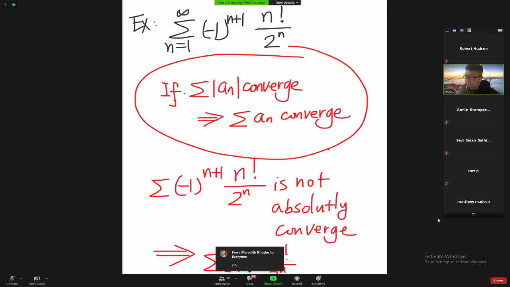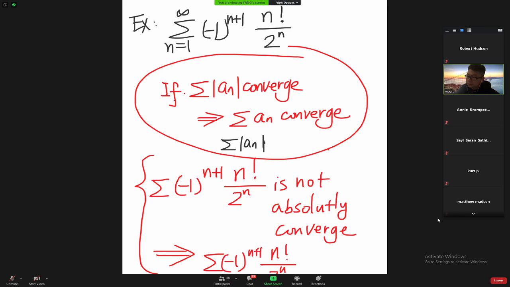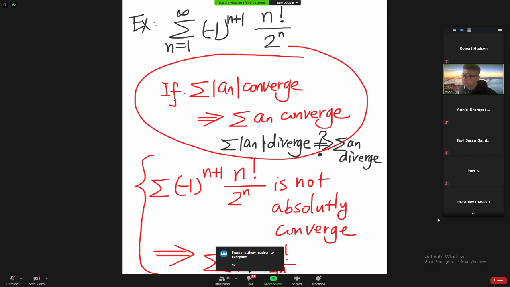But our statement for this particular example is not that. For this example, the series of absolute value of a_n diverges. Now, can we say a_n diverges? You must understand that there's a difference in logic. The absolute value of a_n diverges.